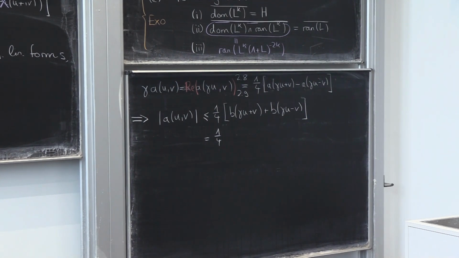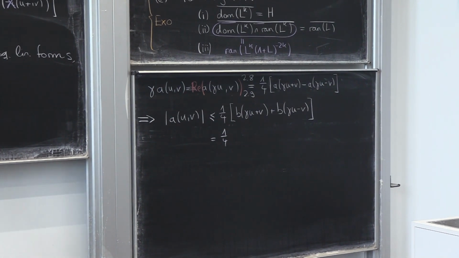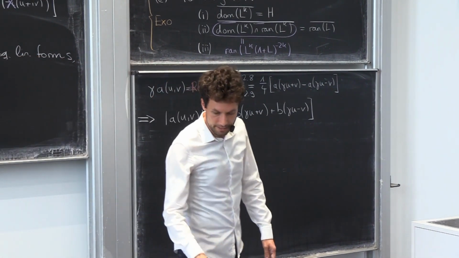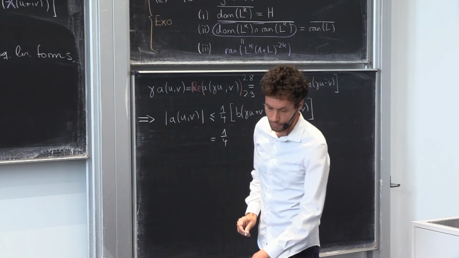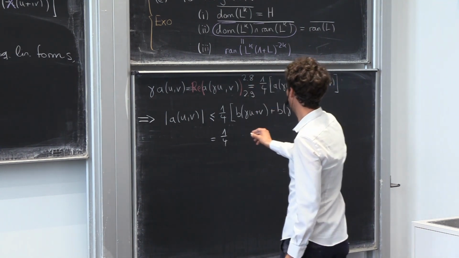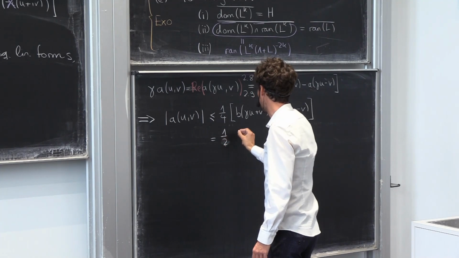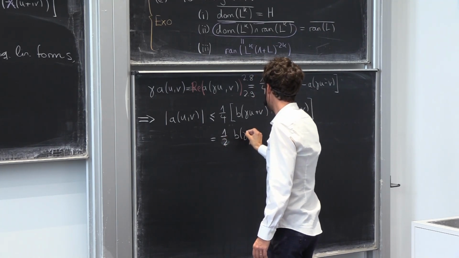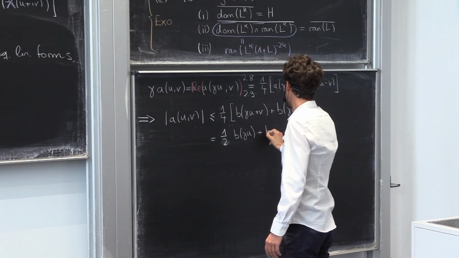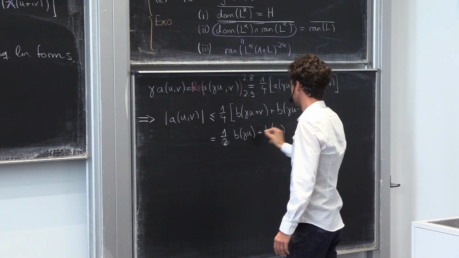I use the parallelogram identity for the b, and I can play this back to the form that separates u and v. In other words, this gives me a half b of gamma u plus b of v.